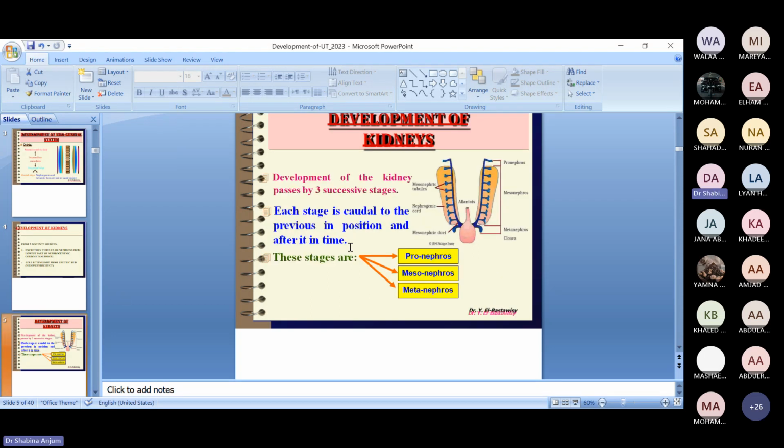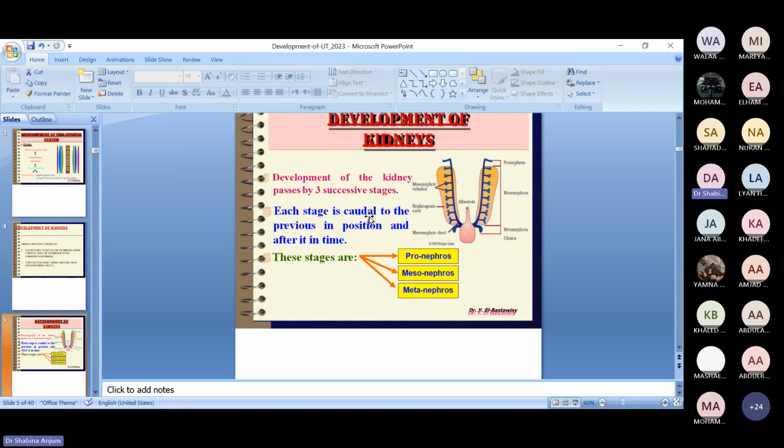Now the development of kidney will occur in three successive stages. The first stage will come and go, then the second stage will come and go, then the third stage, which is the final stage, will be there, and this is called the final human kidney. So we have three stages, and they develop caudal to each other.